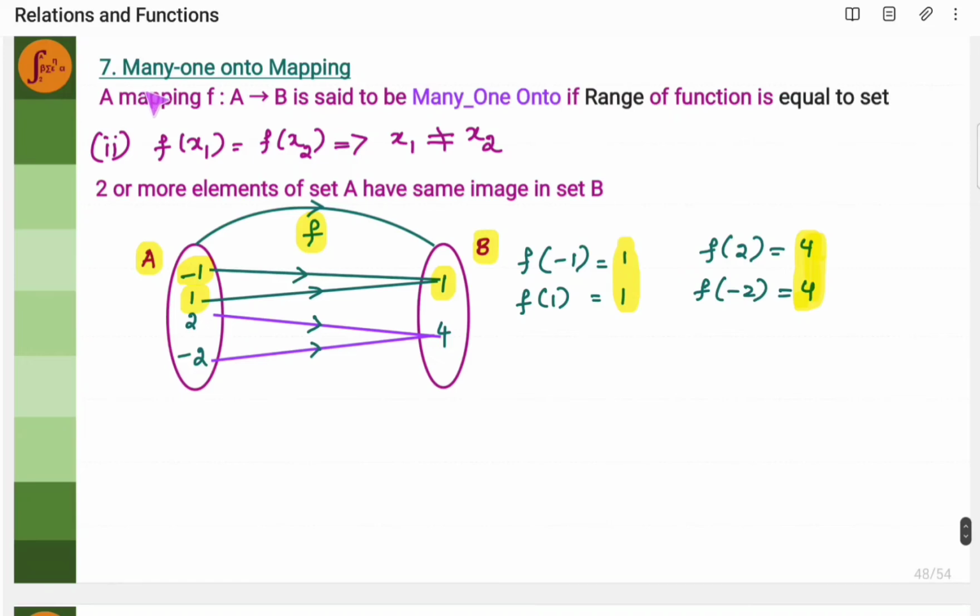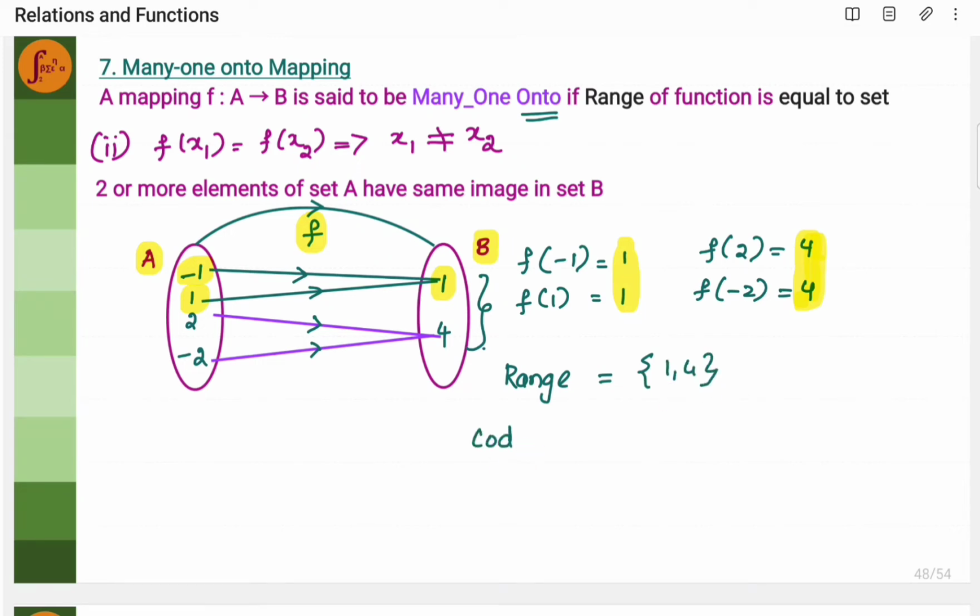Now next one is many one onto mapping. This is a function which satisfies two conditions. One is it's a many to one function. You have multiple elements in set A mapped to same element in set B. That's why it's many to one. And why it is onto? Onto means every element in set B should have a mapping. In this case, what is range? In this case, range is 1, 4.